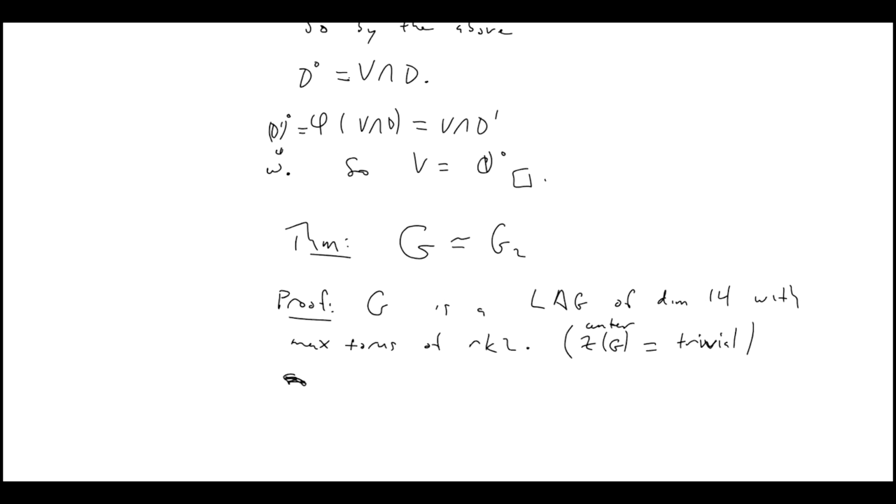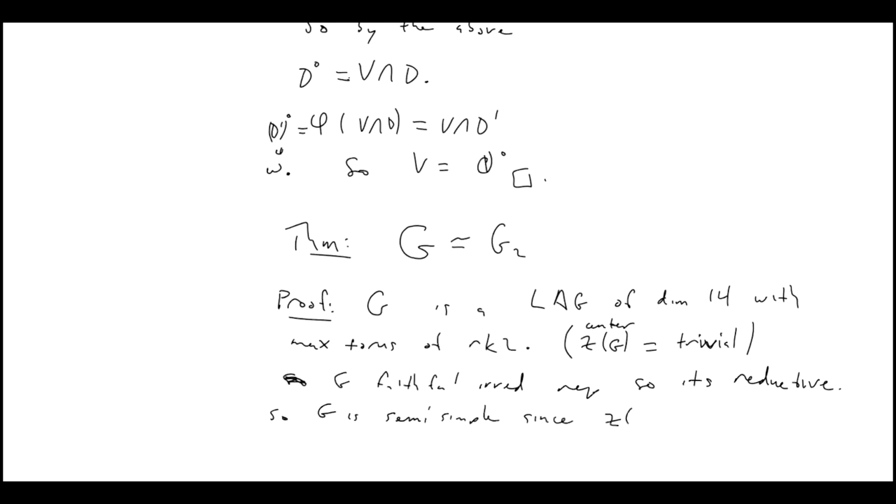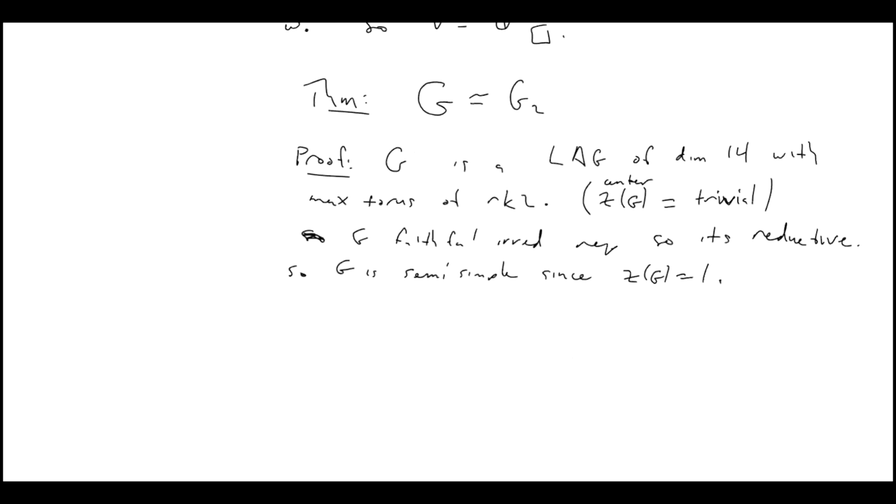So G has a faithful irreducible representation, so it's reductive. Semi-simple because the center is trivial. And then finally, it's rank 2 and semi-simple, so we can look at all of the rank 2 root systems.